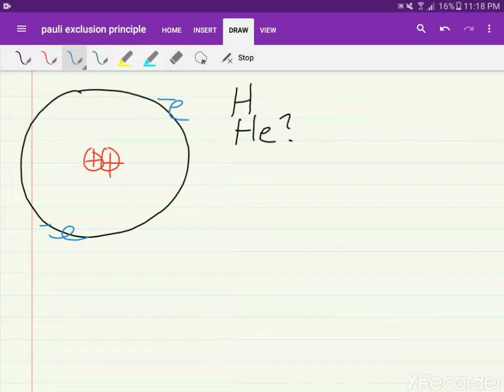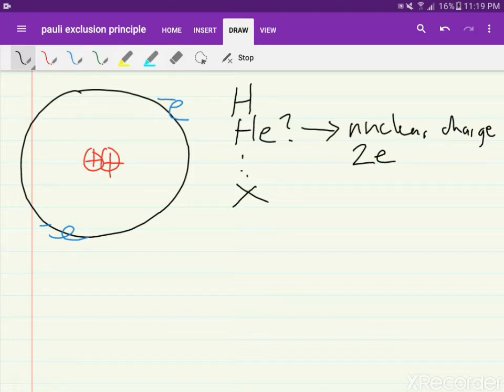So what do we know now here? Helium has now changed its nuclear charge to 2e. Moreover, for element X, its nuclear charge will be Ze, where Z is the number of protons.